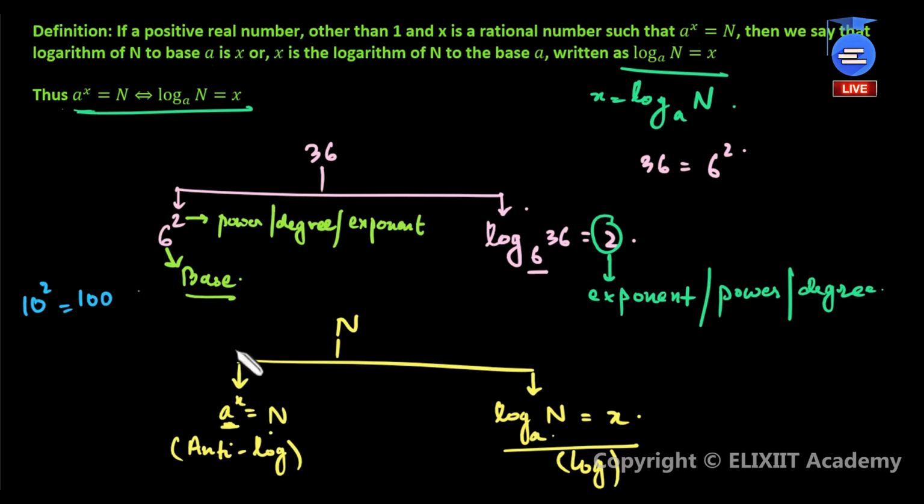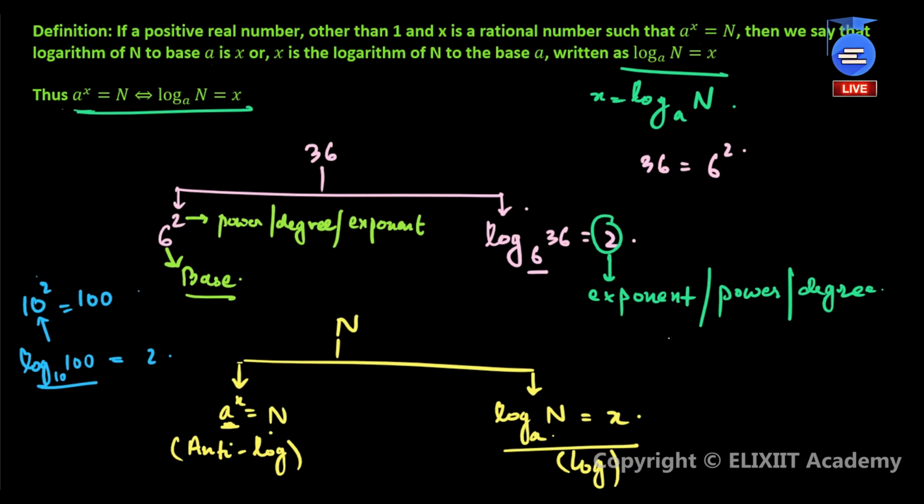You want to write the same in terms of log. This is the anti-log, so you want to write this in terms of log. Whatever is the base will come down to the base of the log. Log 100 base 10 is equal to the power, which is 2. This is the value of log 100 base 10, which is equal to 2.